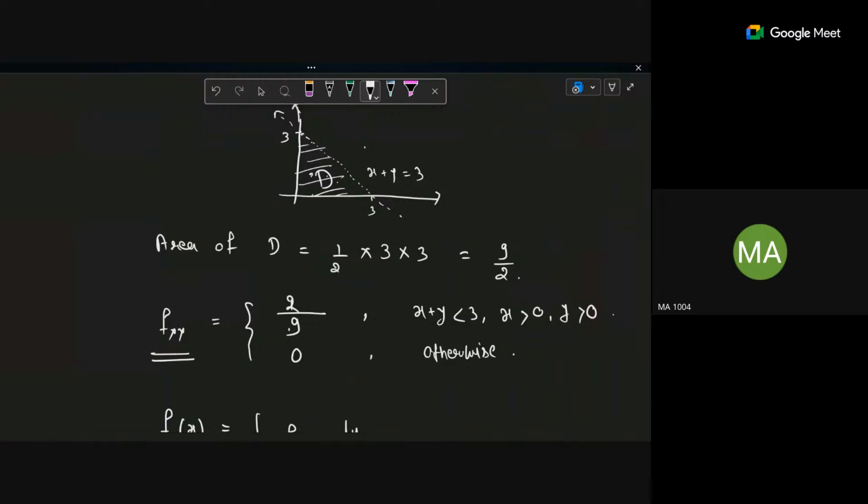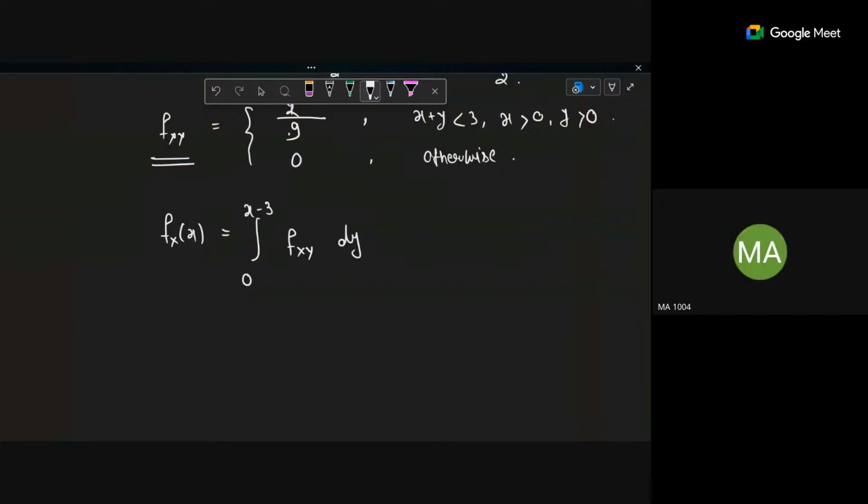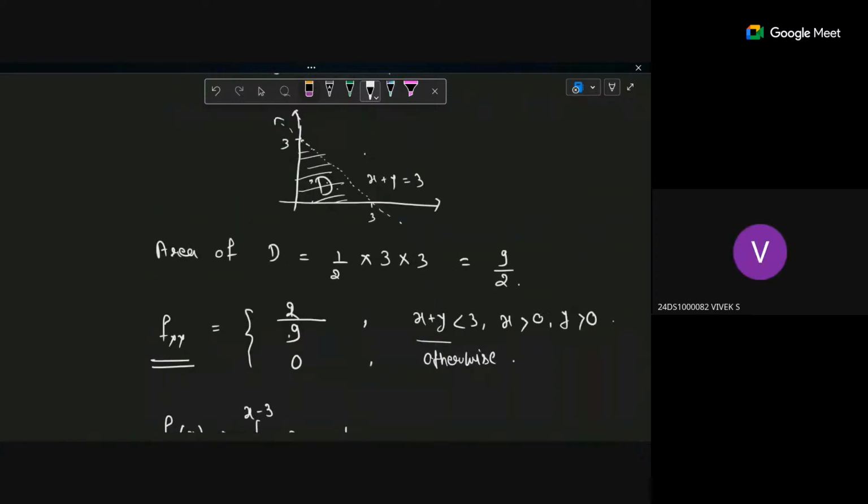Is there any doubt why we are taking 0 to x minus 3? We need to take the range of y, right? That's why we are taking x minus 3. From here only you can take it. At some point, the value of y will be x minus 3.